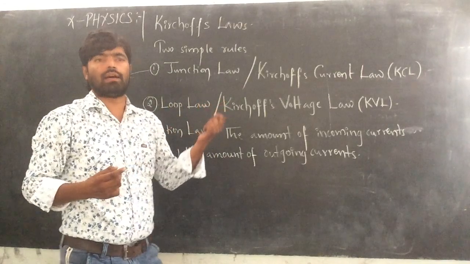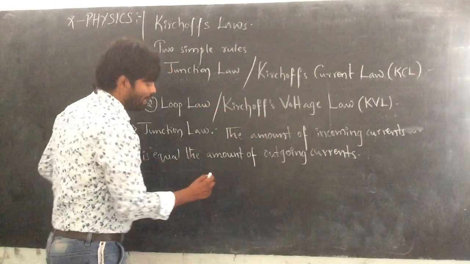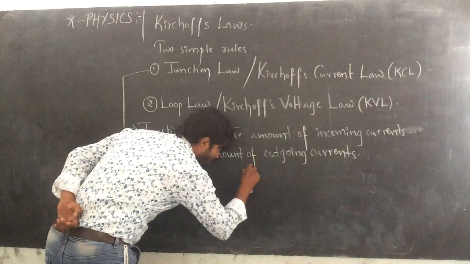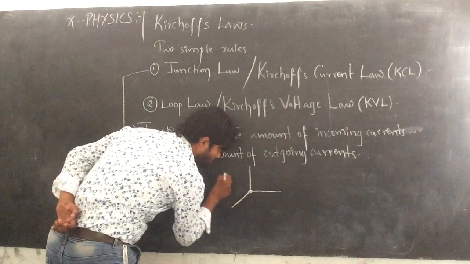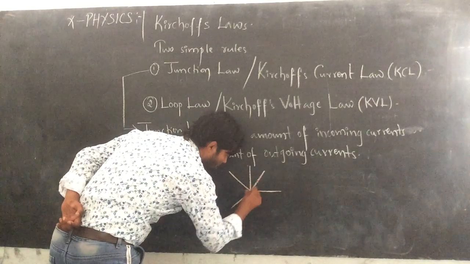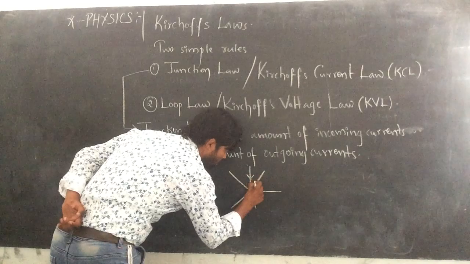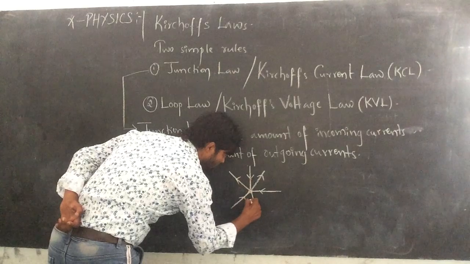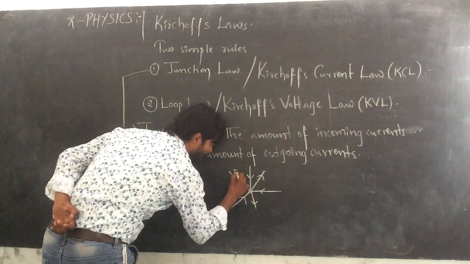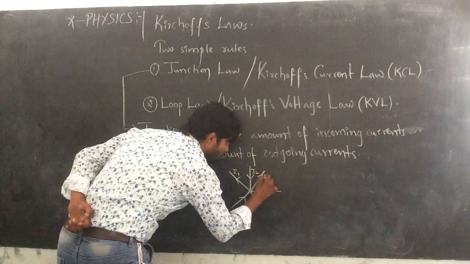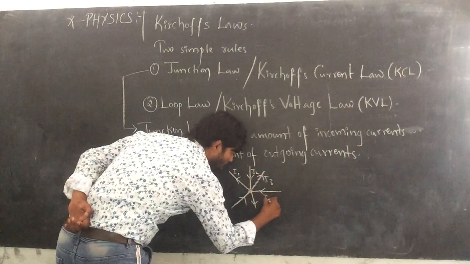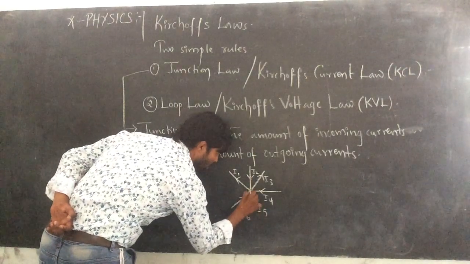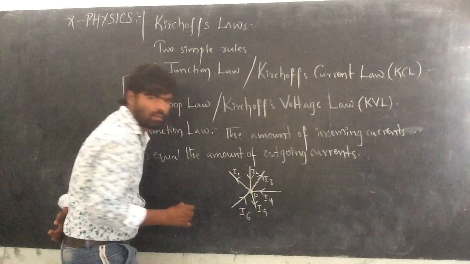So, let us see the junction law diagrammatically. This is a junction. Let us take the currents as I1, I2, I3, I4, I5 and I6, and this point as the junction.